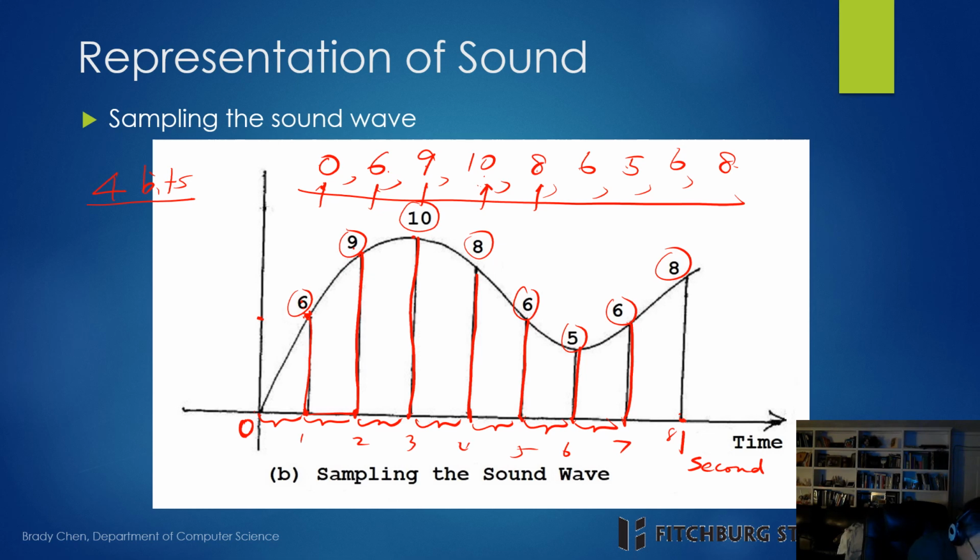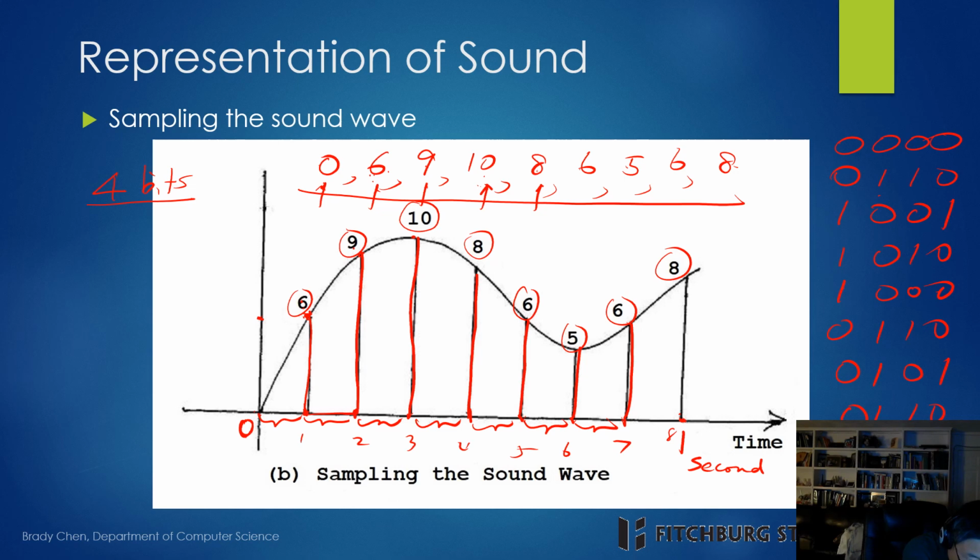For example, let's pick the number 0. We can record it as 0, 0, 0, 0. Now, what is 6? We need to convert 6 into a binary representation. 9 is 1, 0, 0, 1. 10 is 1, 0, 1, 0. 8 is 1, 0, 0, 0. 6 is 0, 1, 1, 0. 5 is 0, 1, 0, 1. 6 is 0, 1, 1, 0.